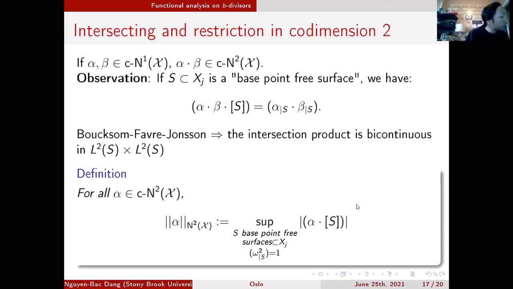norm in codimension 2. So you take alpha, a codimension 2 class, and then we take the supremum over all the surfaces, base point free surfaces living in all the birational compactifications X_J. We normalize them correctly, and we take the absolute value of the intersection with that surface.